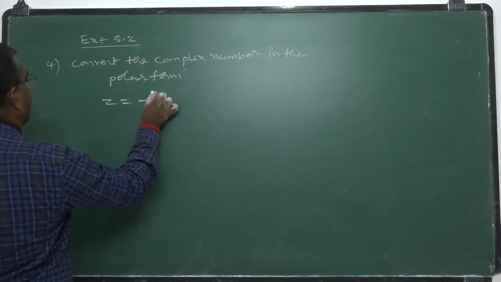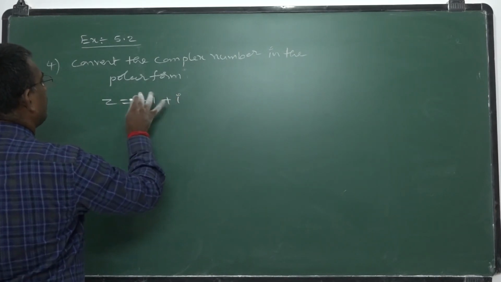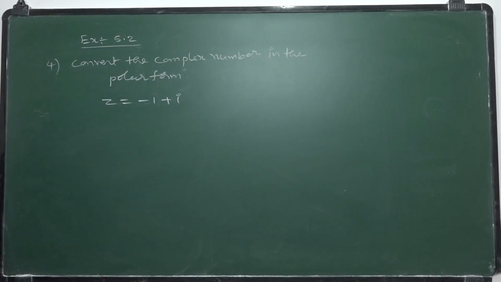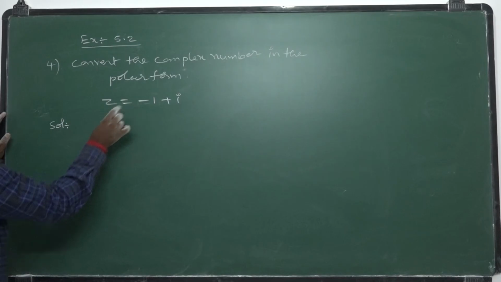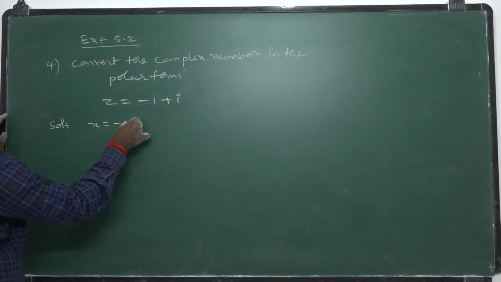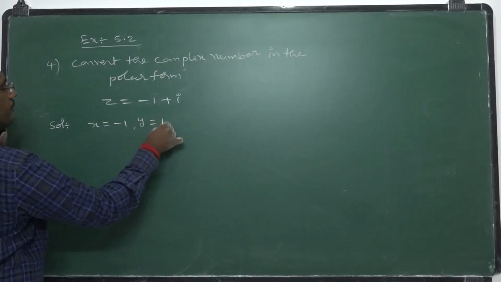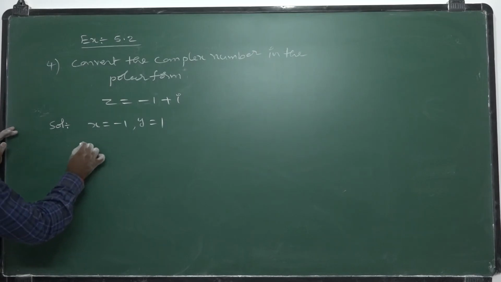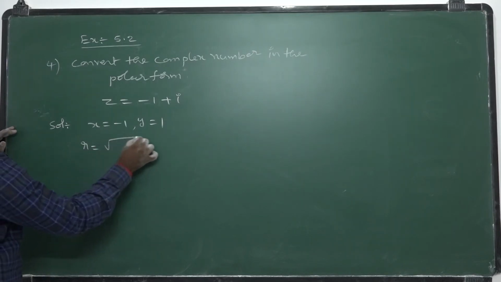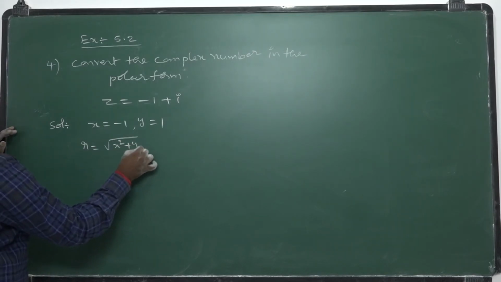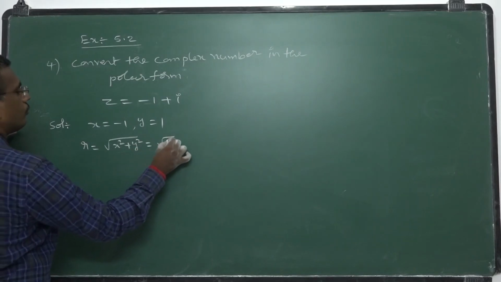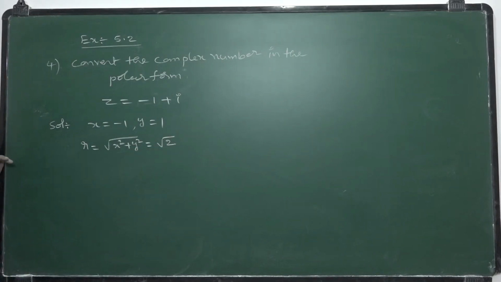Solution. Clearly x equal to minus 1 and y equal to 1. So r equal to mod z, root of x square plus y square. This is equal to root 2. r equal to root 2.